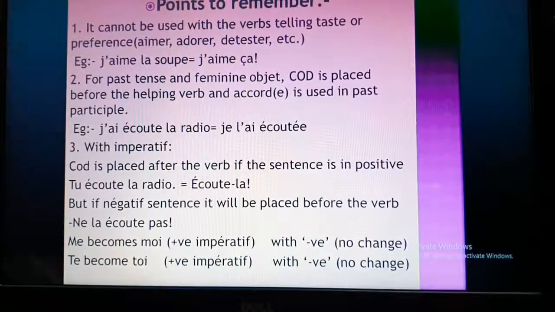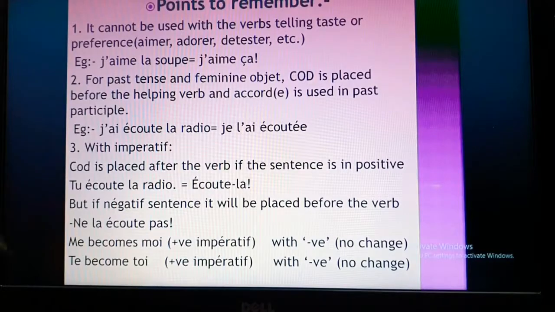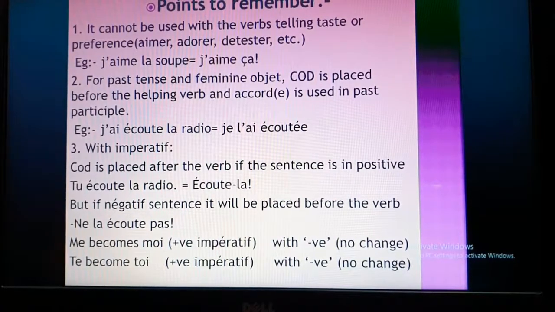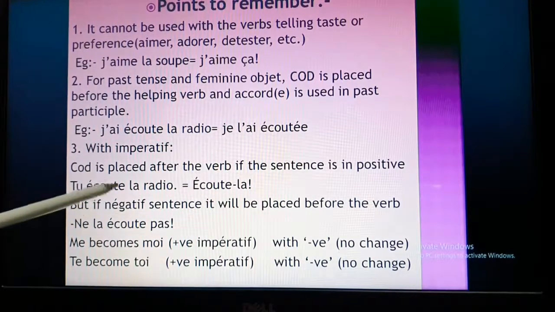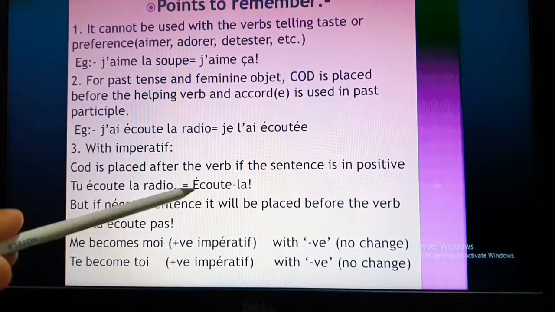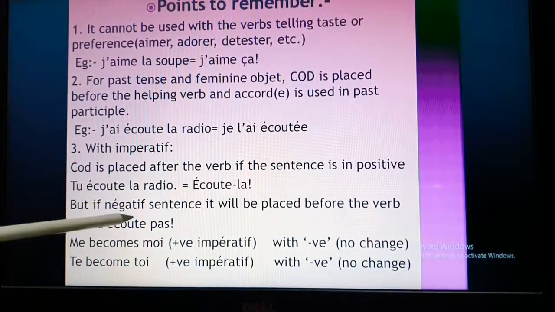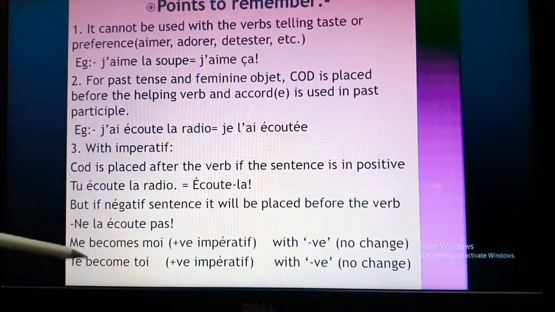Now with imperative, COD is placed after the verb if the sentence is positive. For example, tu écoutes la radio. So tu will be cancelled, and the s also will be cancelled, and the answer will be écoute-la.